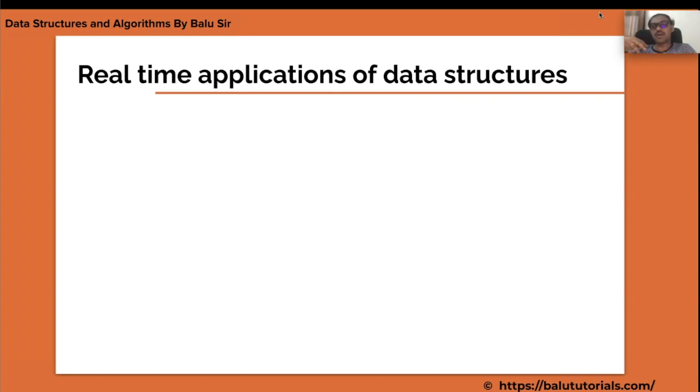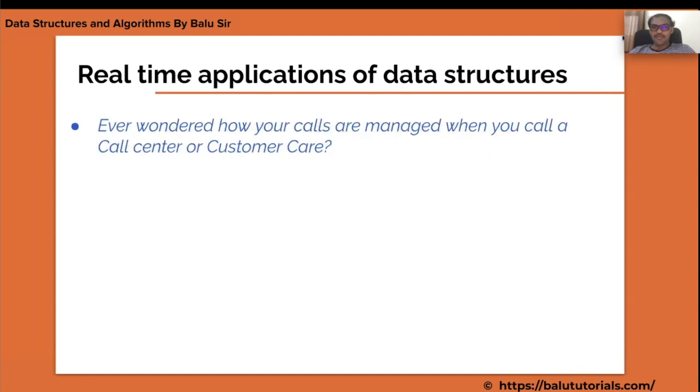Let's say we are both calling Vodafone customer care services together. What is going to happen? Whoever called first will be responded to first, and whoever called later will be responded to later. This is one kind of real-time application of a data structure.